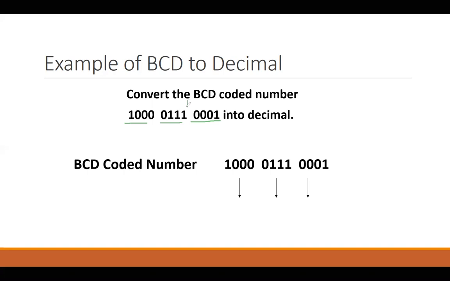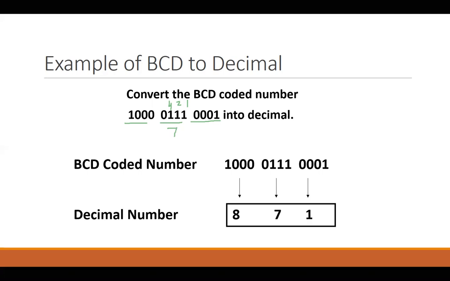In the short one, you can just write the values of the powers of 2 on top of each digit, and then you can just add the ones and you have your conversion. So when you convert it, it is going to become 871 in the denary or decimal number system. Remember, we are using the 4-bit conversion method, but we are actually going to the decimal number system. The conversion method may seem the same as hexadecimal, but it is binary coded decimal that we're talking about.